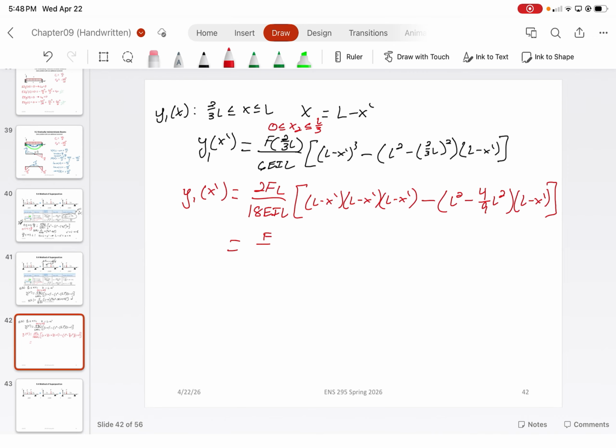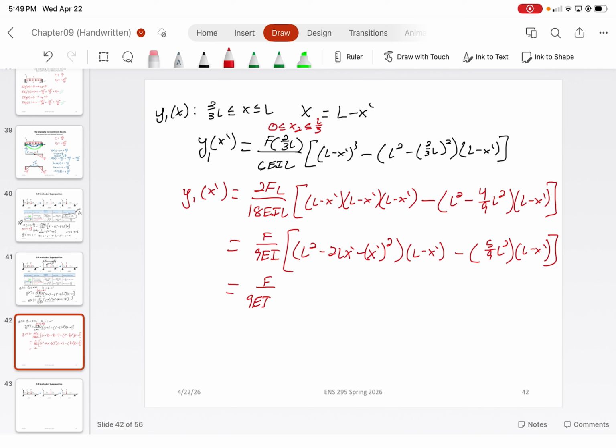So we've got F over 9 EI times, this is going to be L squared minus 2LX prime minus x prime squared times L minus x prime minus, let's see, this would just be L squared, 5 over 9 L squared times L minus x prime.